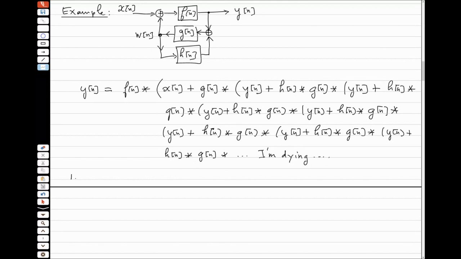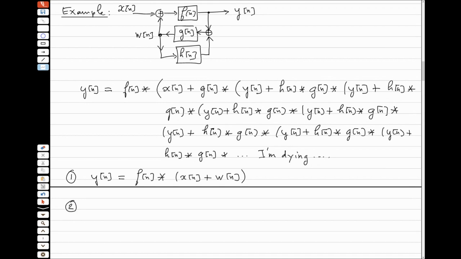So first equation: y of n equals f of n convolved with the input of f of n, which is x of n plus w of n. All right, so this is correct. This is one equation that is correct.